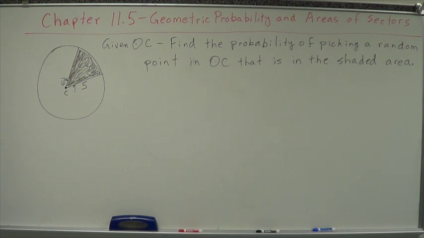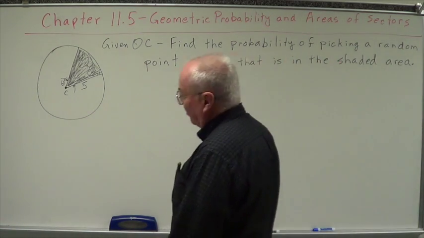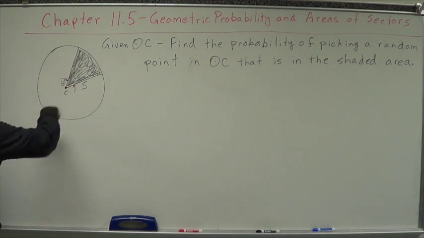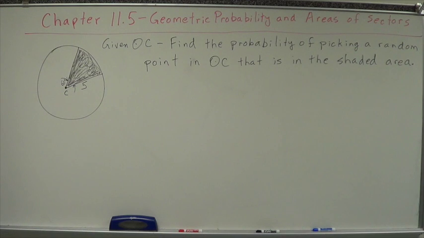Got a picture on the board of circle C. Given circle C, we would like to find the probability of picking a random point inside circle C that is in the shaded area. Now we have defined that shaded area as taking up 60 degrees of the entire circle.